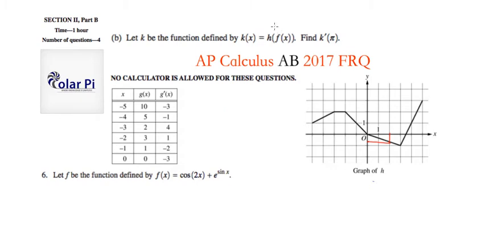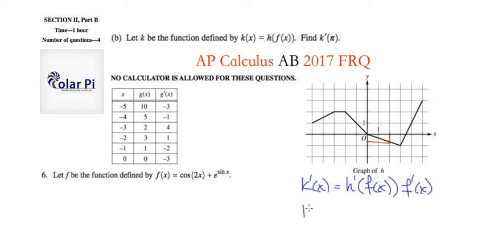So this is just an exercise on using the chain rule. From the way that k is defined, by chain rule we know that k prime of x will have to equal h prime of f of x, and then times f prime of x.